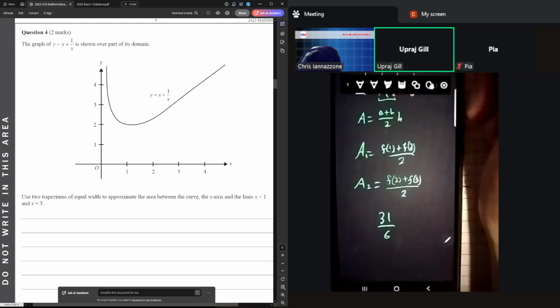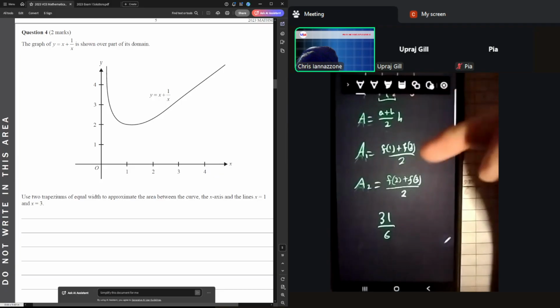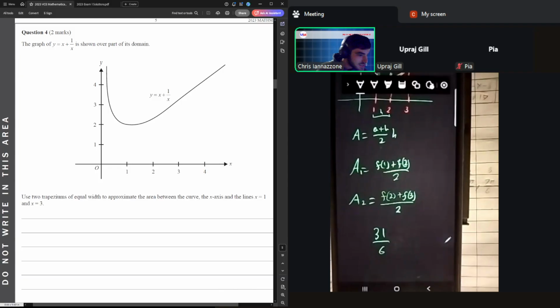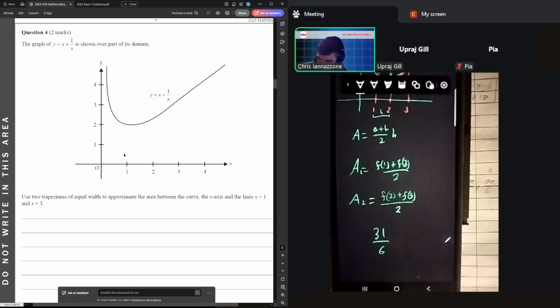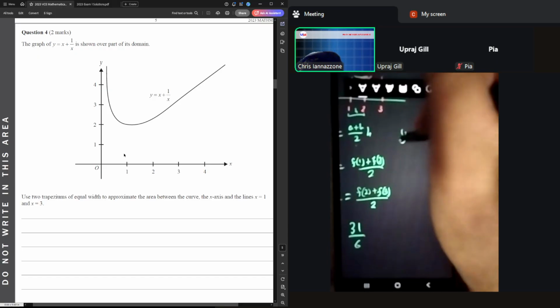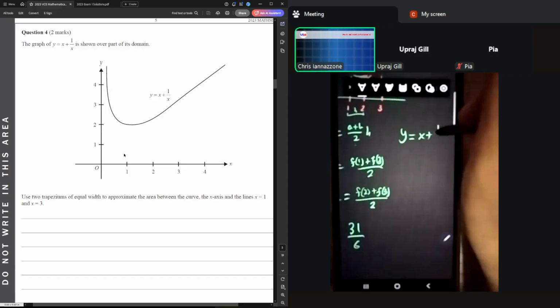Sure. And so yeah, these are the things we need. We need f of 1, f of 2, and f of 3. As far as getting those, we're subbing into the function, which is y equals x plus 1 on x.